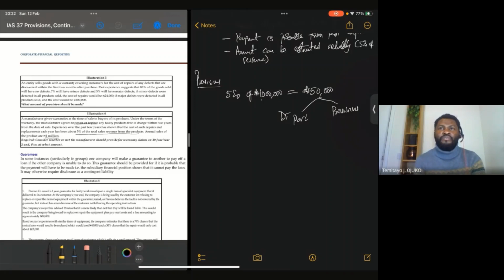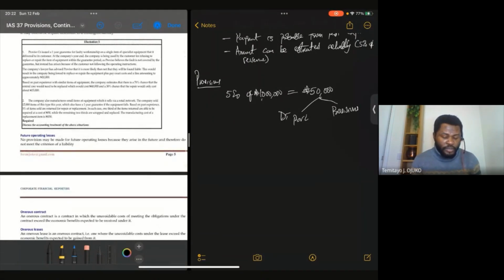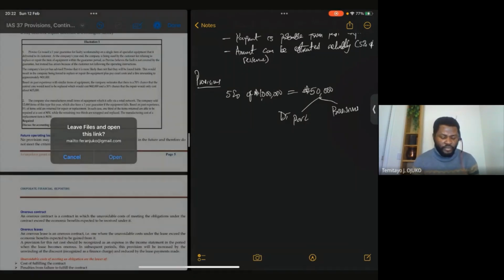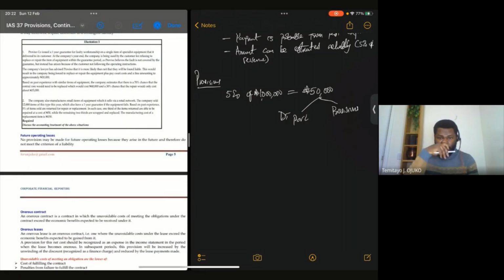Warranty is just like, oh, if eventually it happens, can you just bring it? We are going to repair for you. Now, I'm just going to look at the illustration on guarantee shortly. Then we can now go to some other things in the question in the notes.